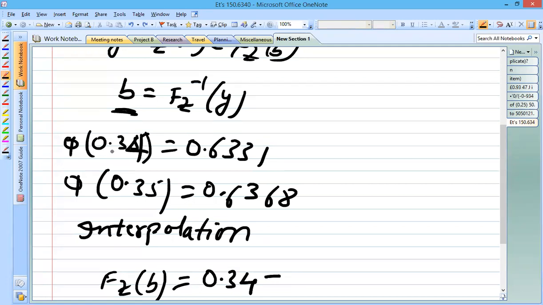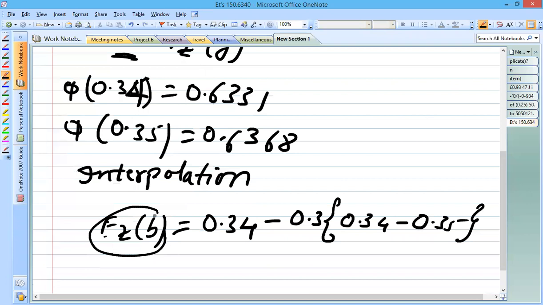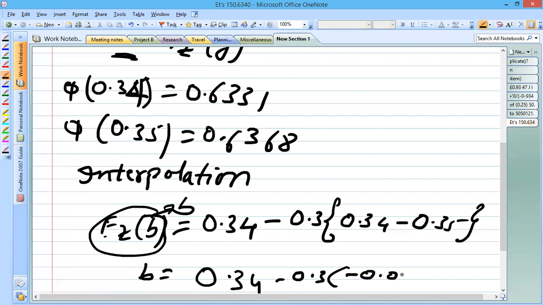In both the terms you can see that 0.3 is common, so note down 0.3 within the flower bracket. Here we can write 0.34 minus 0.35. If you simplify this, it will give the approximate value of b. So Fz of b is equal to 0.6340, and you can directly replace it by b, since we are calculating the value of b. So what we get, b is equal to 0.34 minus 0.3 into minus 0.01. Simplify and get me the answer.